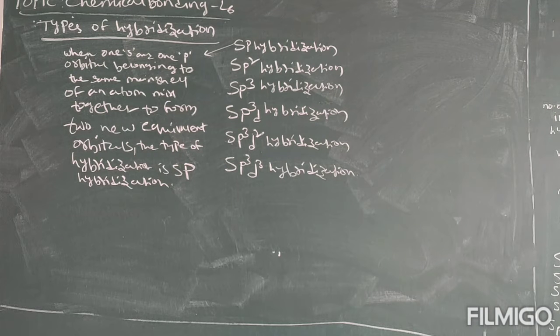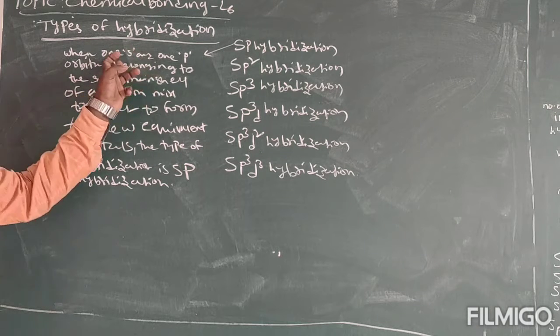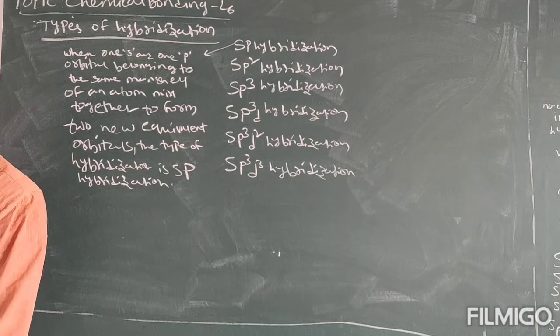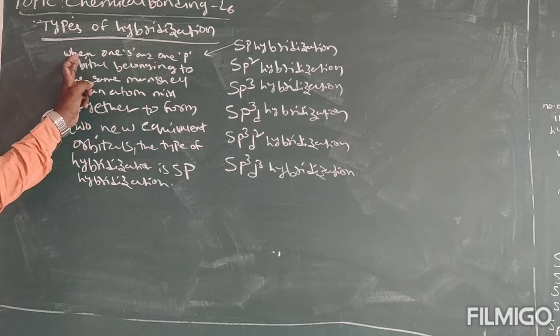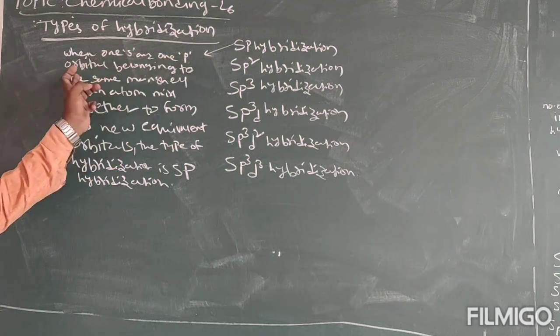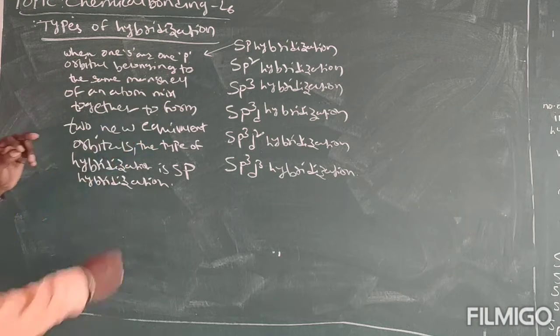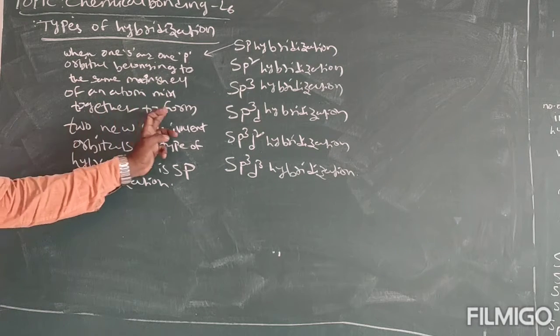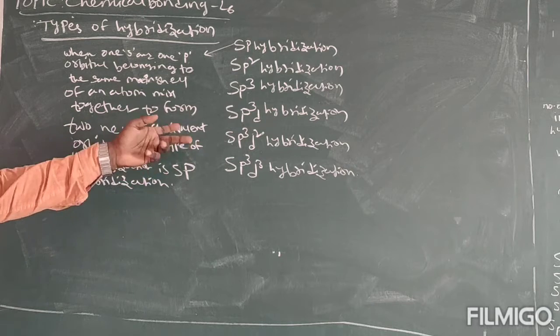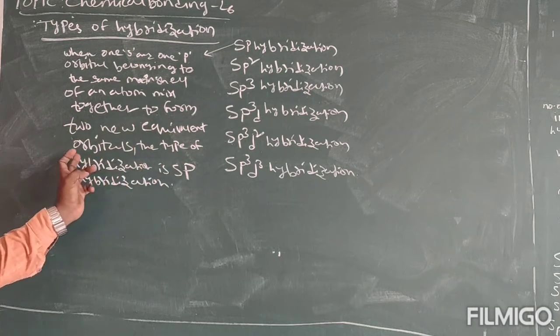What is sp2? When one s and two p orbitals belonging to the same shell of an atom mix together to form three new equivalent orbitals, the type of hybridization is called sp2 hybridization. And what is sp3 hybridization? When one s and 3 p orbitals belonging to the same main shell of an atom mix together to form how many? 4 new equivalent orbitals.